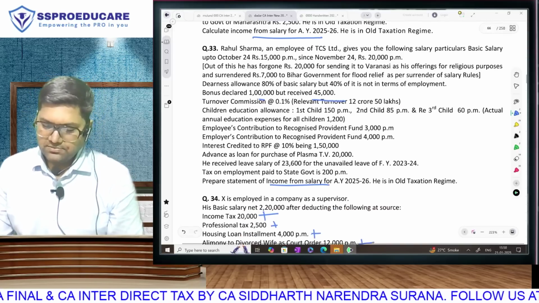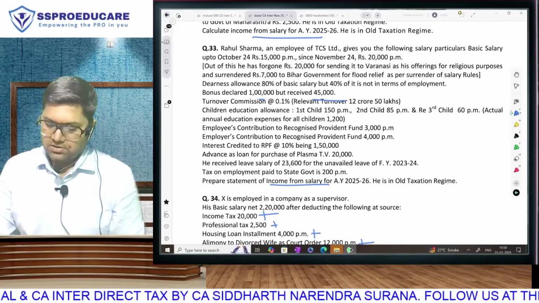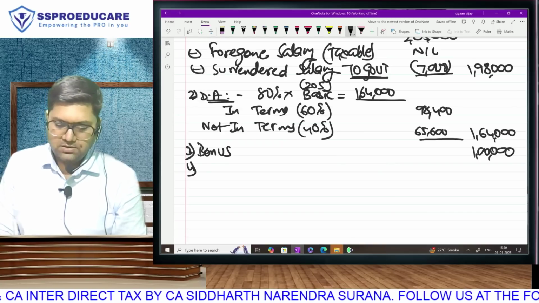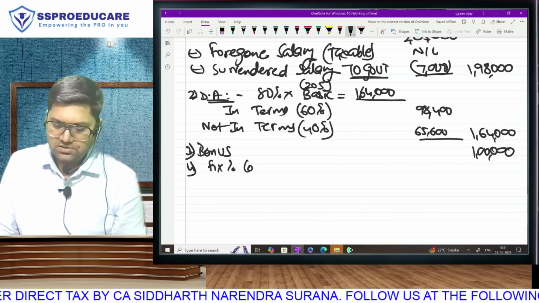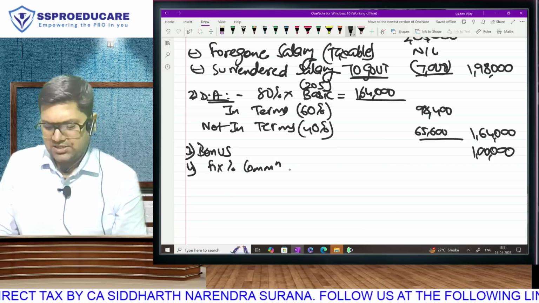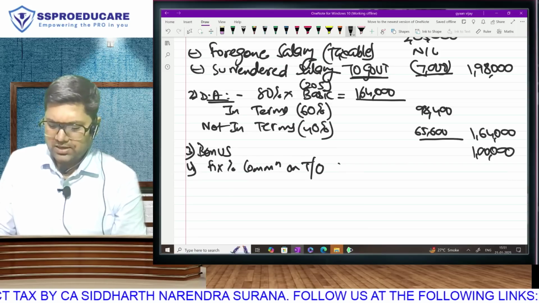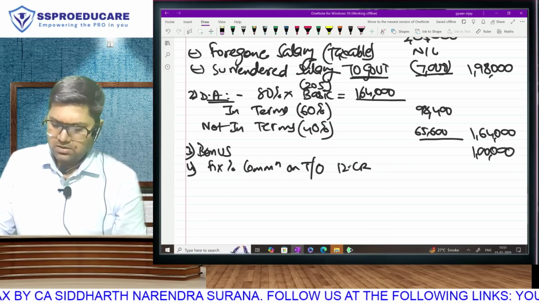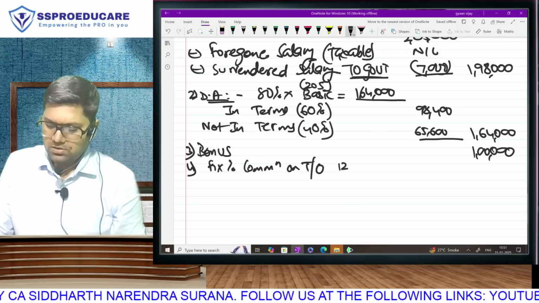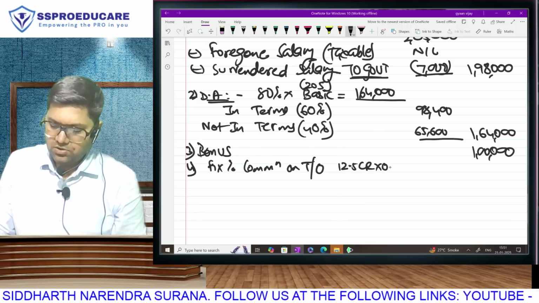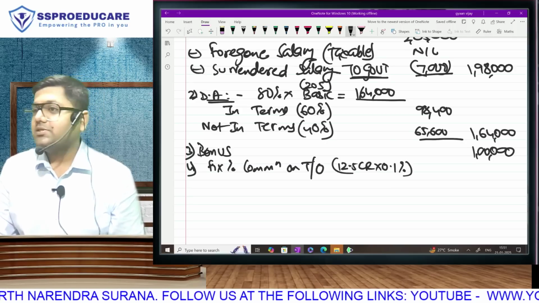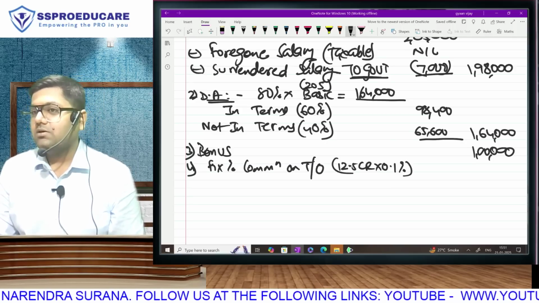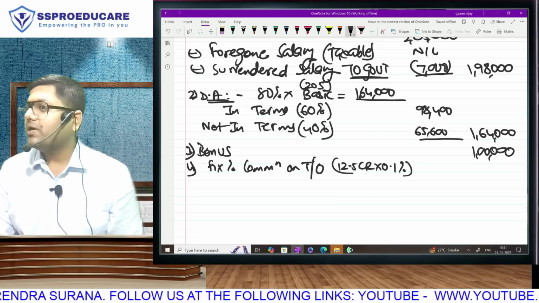Next. Fixed percentage commission on turnover. What is the turnover that he has achieved? 12 crore 50 lakh or 12.5 crore into 0.1%. Problem is that we have not seen such a big amount in life, even in questions.